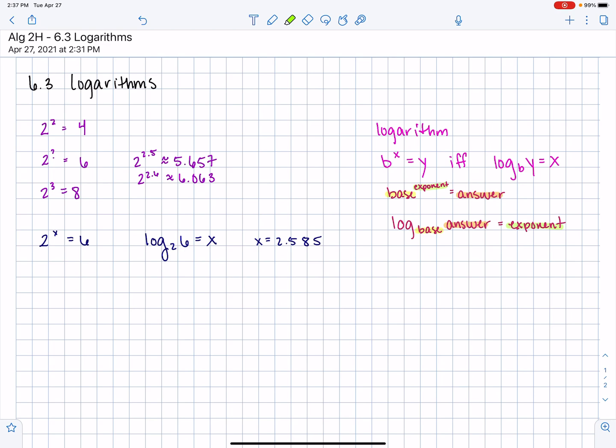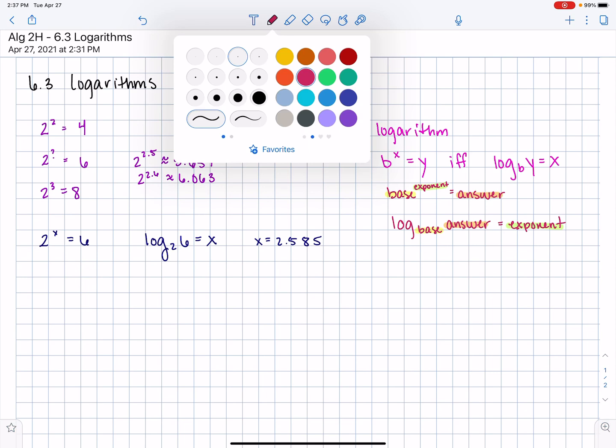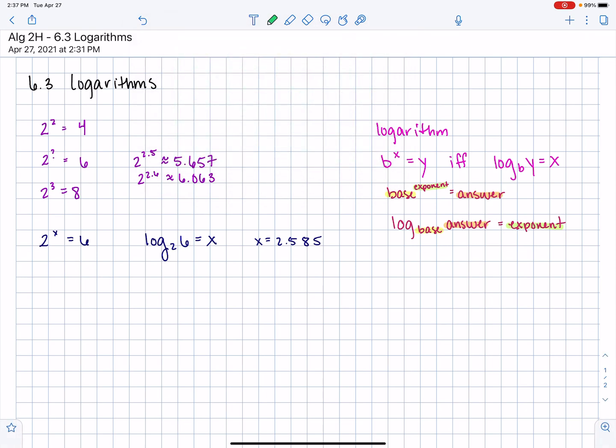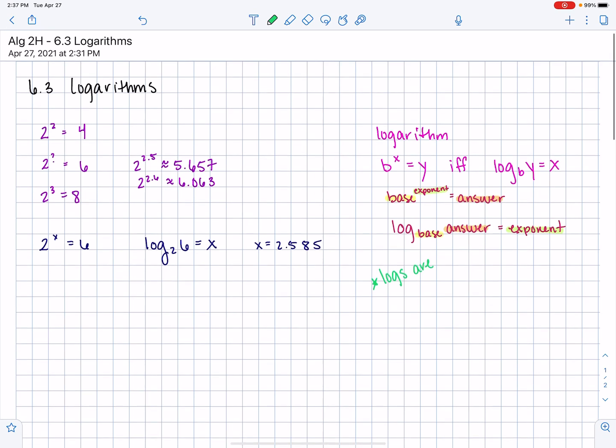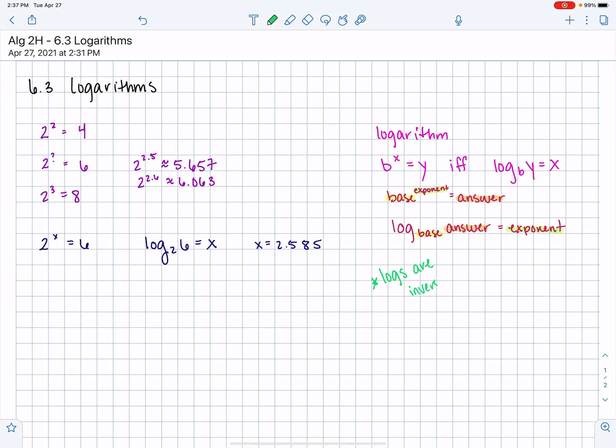So it's now just a different form, and I'm going to show you this in class, but the big aha moment is that logs are inverse functions or inverse operations of exponents.